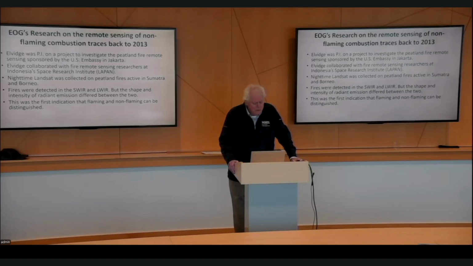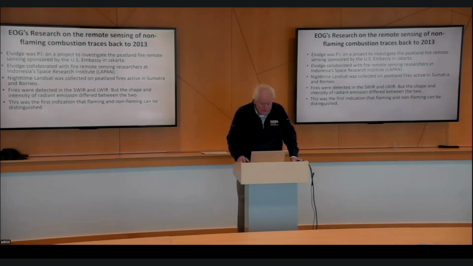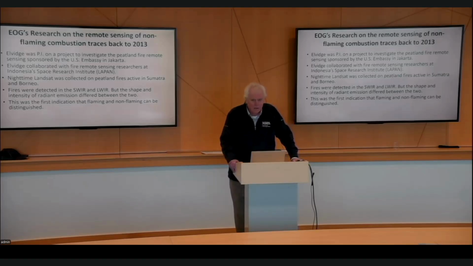And so they had expressed interest that the US Embassy picked up on and said, well, maybe we could do some research to figure out what we can see from space regarding combustion phases. And our approach was to contact the US Geological Survey and ask them to collect nighttime Landsat data of active peatland fires in Sumatra and Borneo.